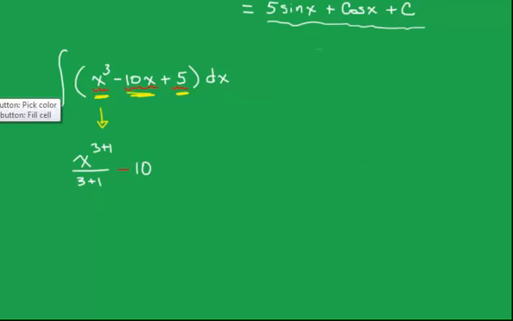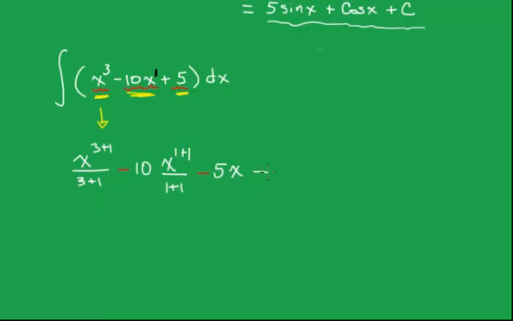When you see x, x is to which power? To the first power. So the antiderivative will be 10 times x to the first power plus 1, divided by the same thing. And then lastly, we have minus 5. What's an antiderivative of 5? It's 5x. That was the first basic integration rule that we saw.